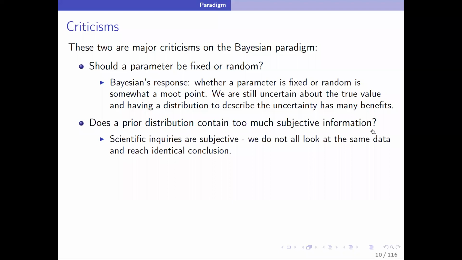And the second criticism is whether the prior distribution contains too much of this thing called subjective information, meaning that you form your opinion too strongly in the analysis.